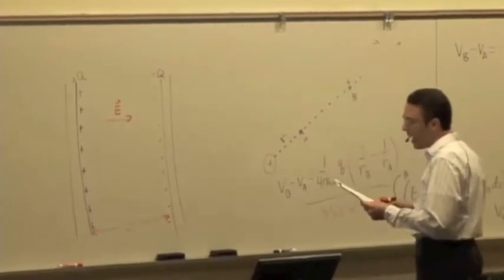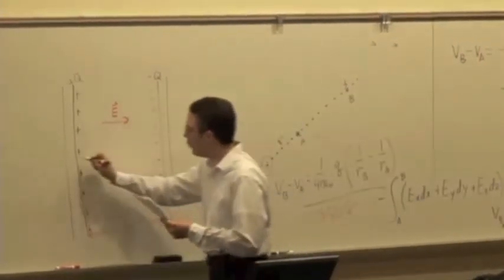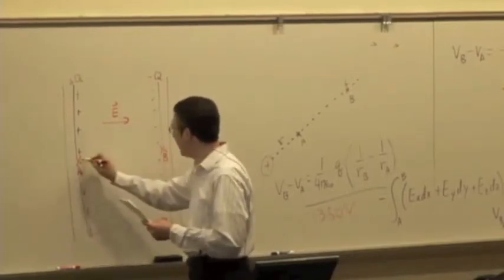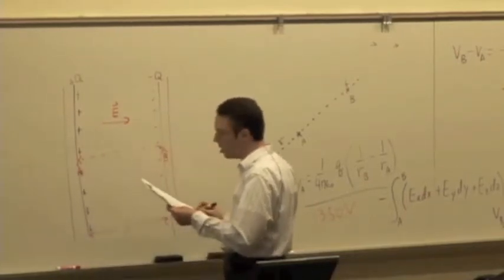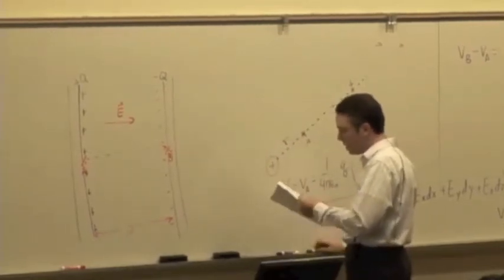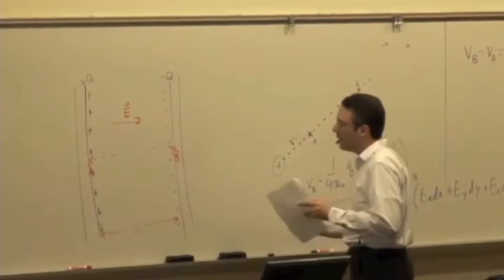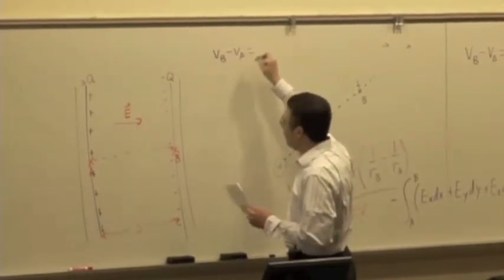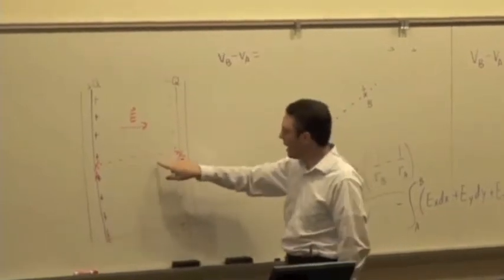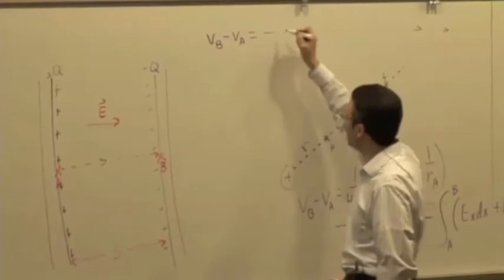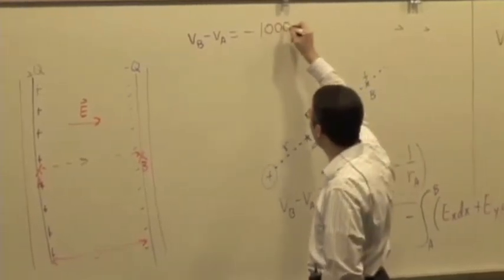Let's call this point A on one plate, point B on the other plate, across that distance s. Let's say VB minus VA, so we're going along a path that's in the direction of the electric field. It should be negative, and let's say it turns out to be negative 1,000 volts.